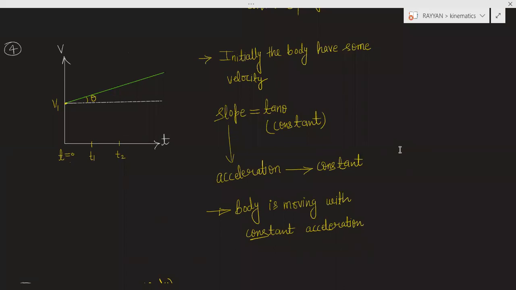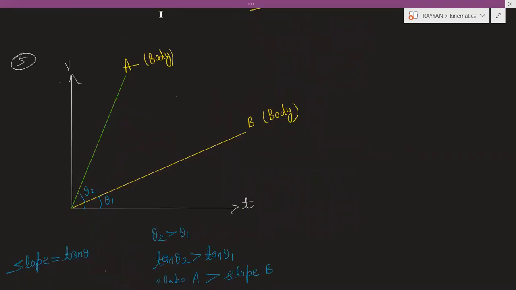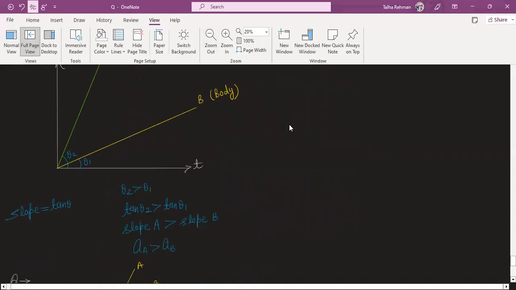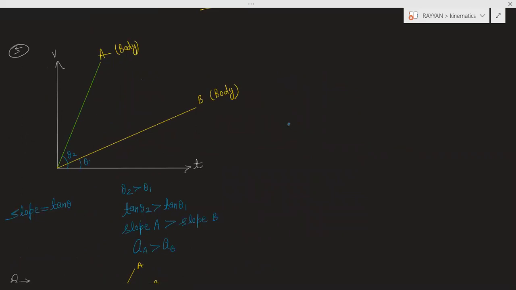Okay, sir, I wrote this down. Okay. A means acceleration.